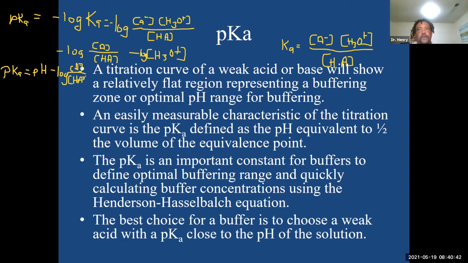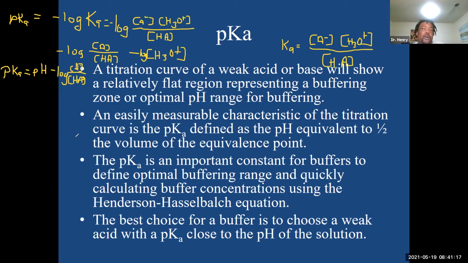If you have the concentration of your acid and the concentration of your base, and you have the Ka value, you can calculate the pH for that solution. Remember earlier when we had to go through the whole equation? This basically solves that whole problem. You saw how long it took us.